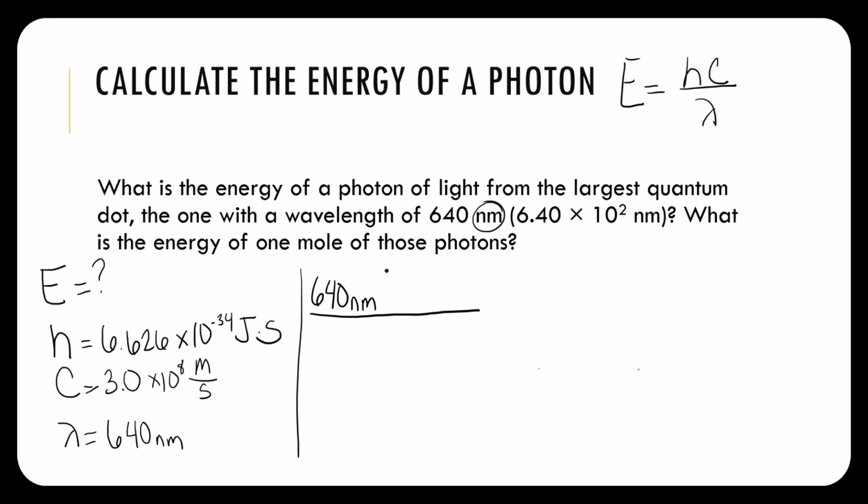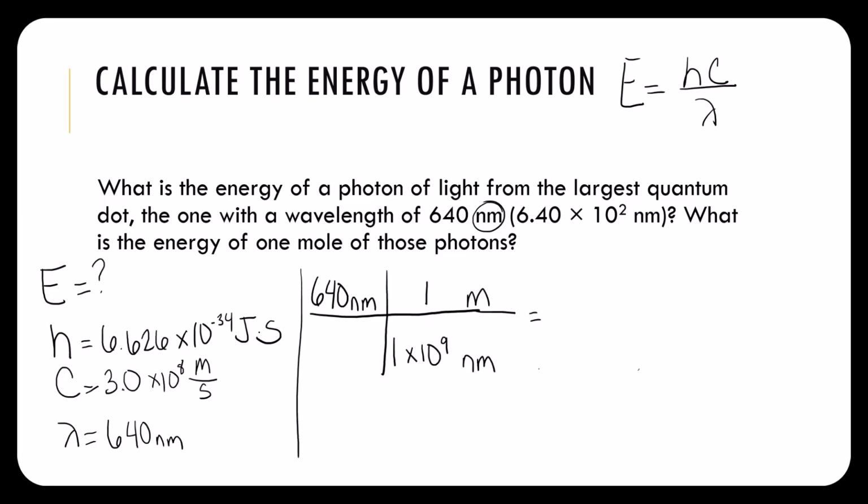This is a simple unit conversion. I'm going to start with 640 nanometers. I've got nanometers on the top, so nanometers are going to go on the bottom because that cancels, and we'll have meters on the top. In 1 meter, that is 1 times 10 to the 9th nanometers.